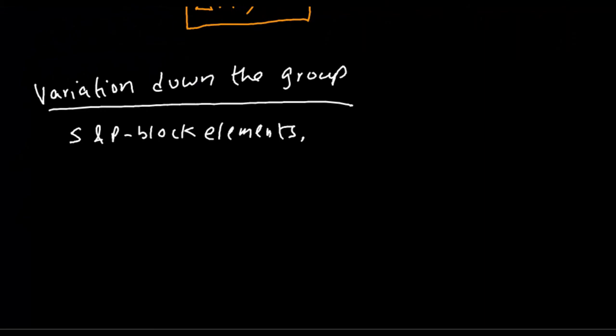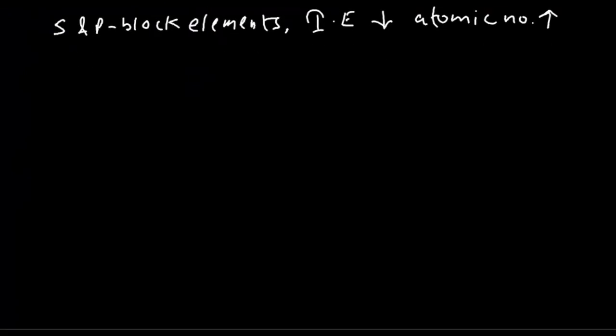It will go on decreasing with the increase in atomic number. That means the IE value decreases with increase in atomic number. Down the group the atomic number increases, so the attraction between the nucleus and the outermost electron is getting less, so it will easily release one electron in order to become a cation.